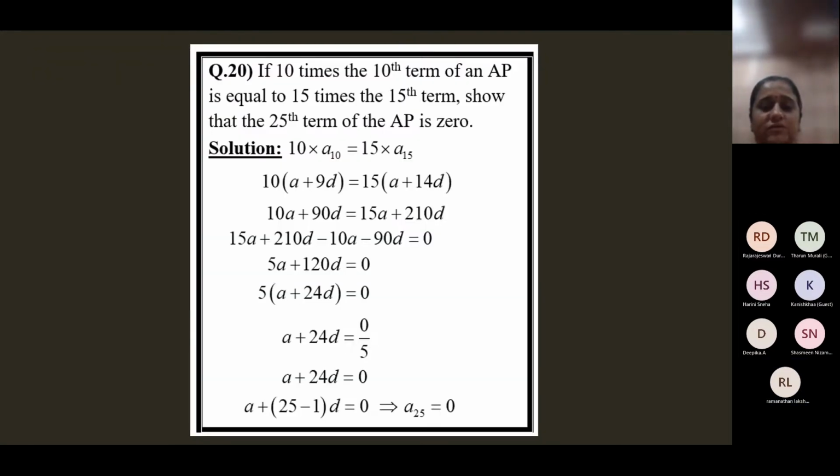Yeah, this is similar. So please help yourself. If 10 times the 10th term is equal to 15 times the 15th term, that's given to you. Show that the 25th term is 0. Done?